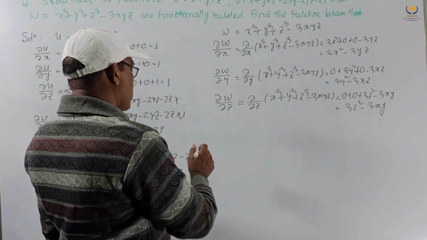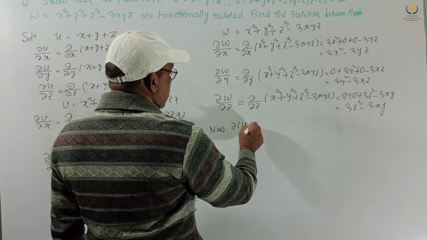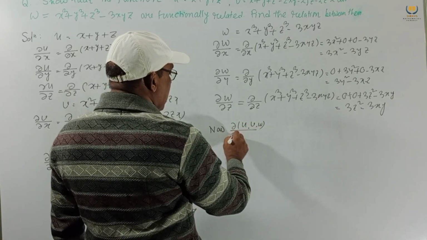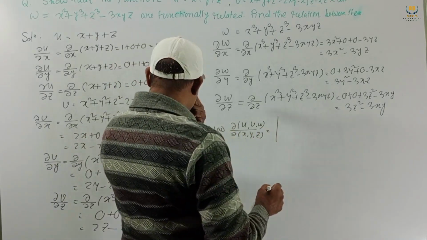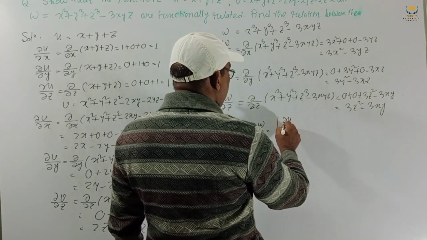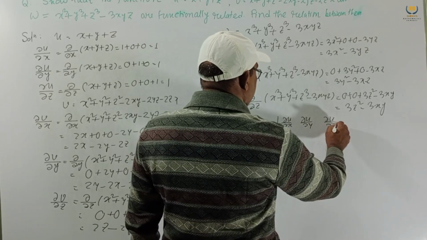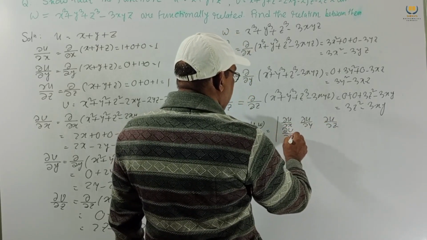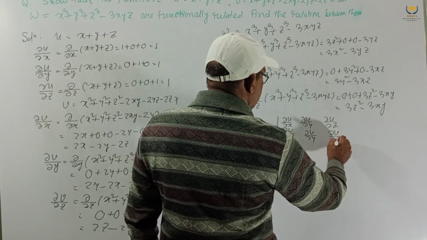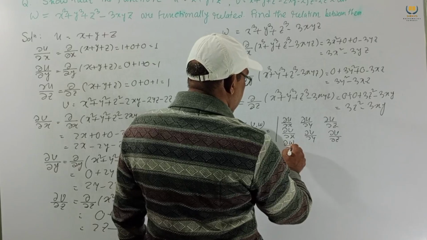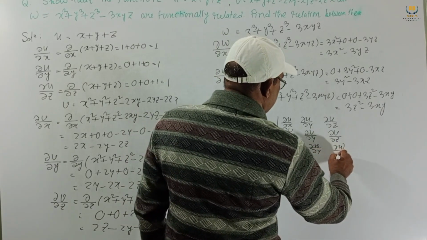Now our requirement is the Jacobian, del u v w by del x y z. What do we get? By the definition of the Jacobian, this will be the determinant with rows del u del x, del u del y, del u del z; del v del x, del v del y, del v del z; del w del x, del w del y, del w del z.